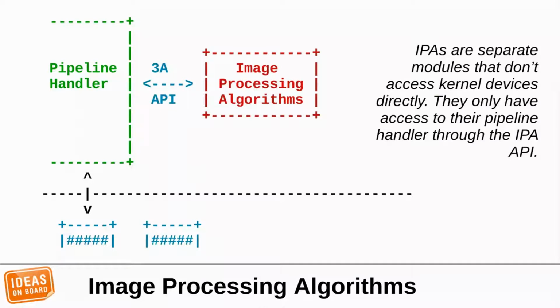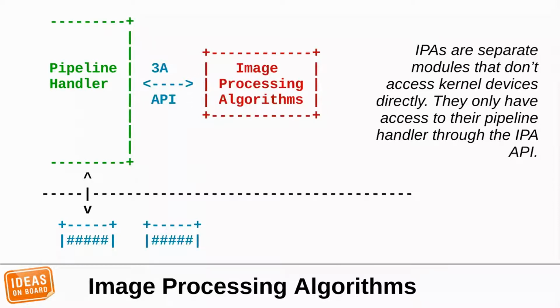That's mostly the fact that statistics have been produced, so they receive the buffers containing the statistics and other information as well. And then they run their control loop algorithms, and they produce parameters to configure the ISP, to configure the sensor. And then they send back those parameters to the pipeline handler that then deals with the hardware, with the kernel devices, and configures them.